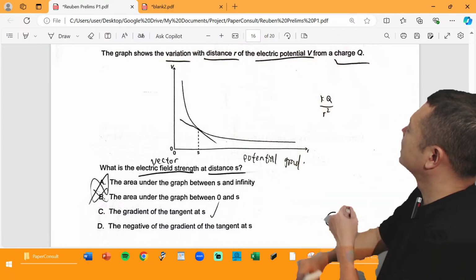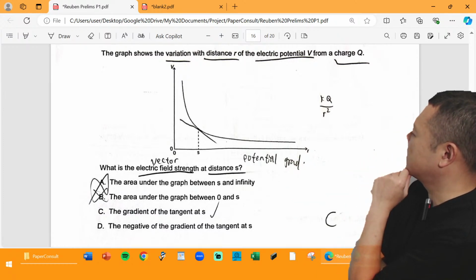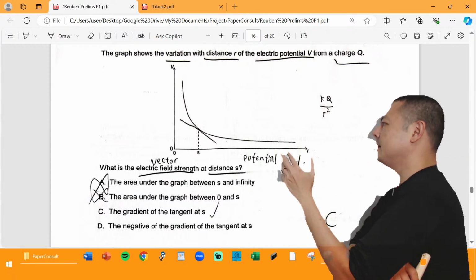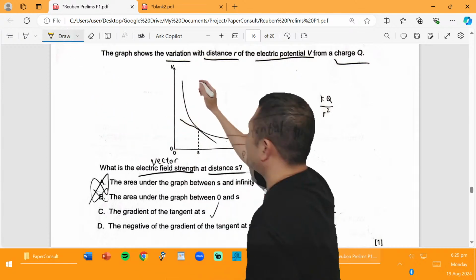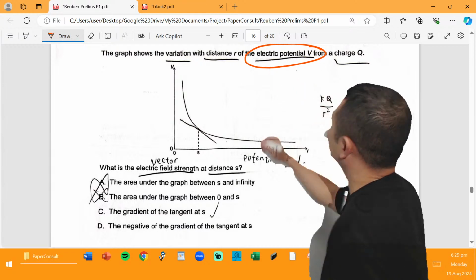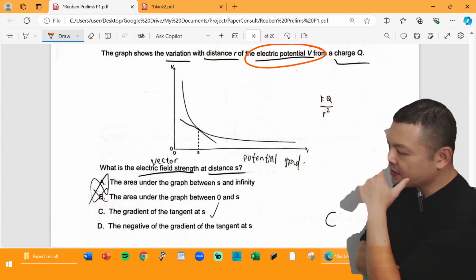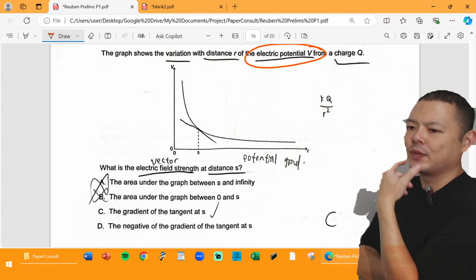29. This is the variation of distance R with potential V from a charge Q. Okay, what is this? Again, layman's terms. If I ask you to describe it to a friend, what is this? Yeah, it's just voltage.